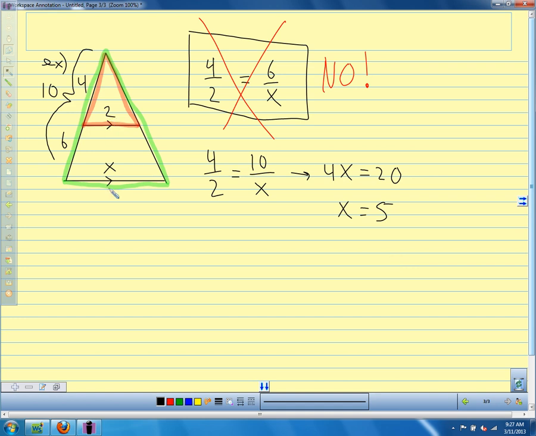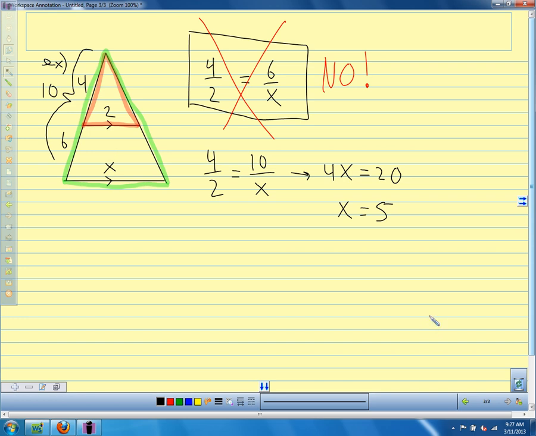So when we have the base of the triangles labeled, we need to make sure we're comparing parts of triangles. And this type of problem is one that people have a hard time with often. Questions on that example?